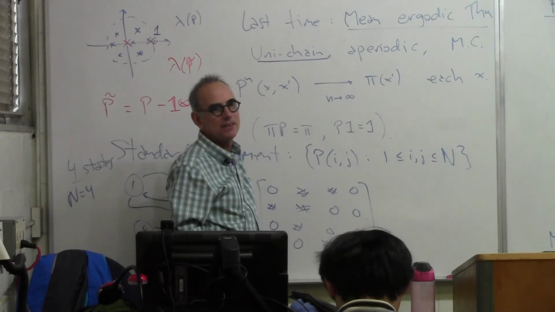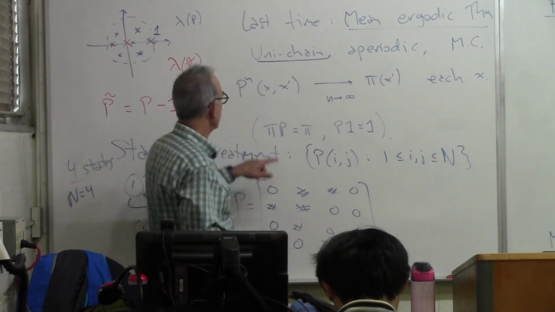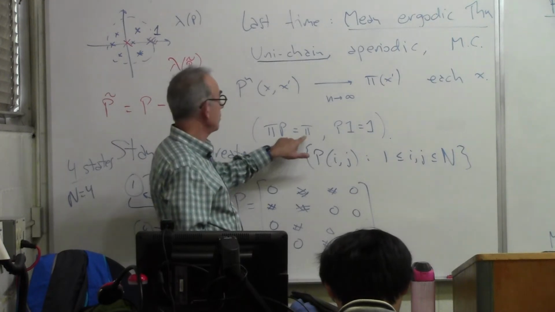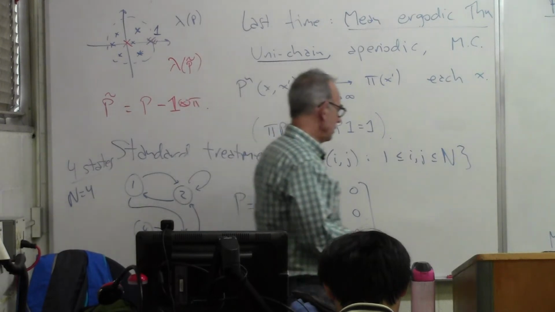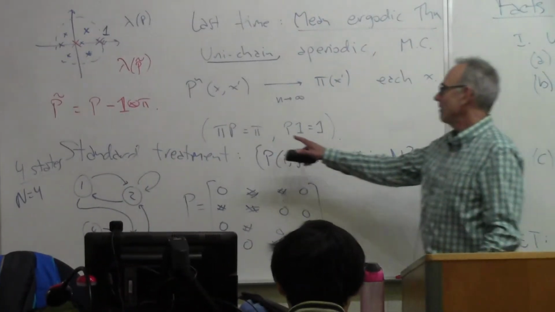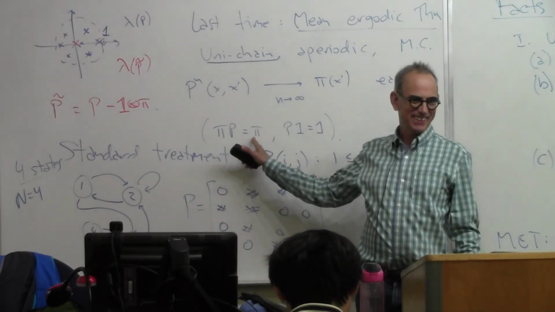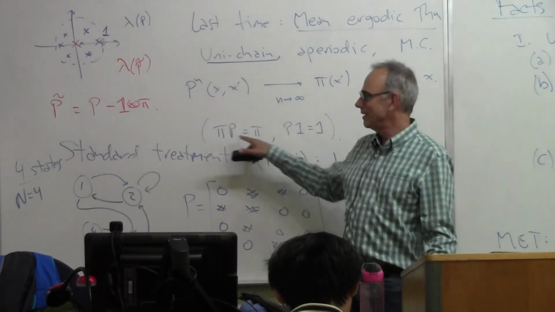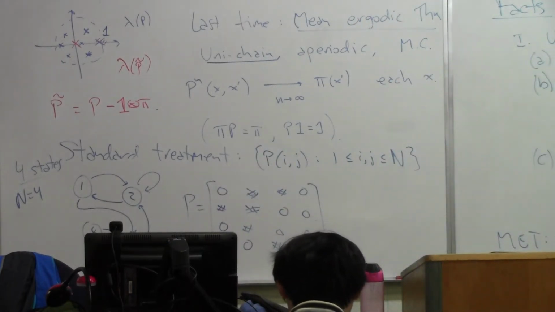Anybody have efficient code for computing pi? It's an eigenvector problem. It's a left eigenvector. And pi is the symbol pi, not 3.14159 in my course. The left eigenvector. How would you compute a left eigenvector?